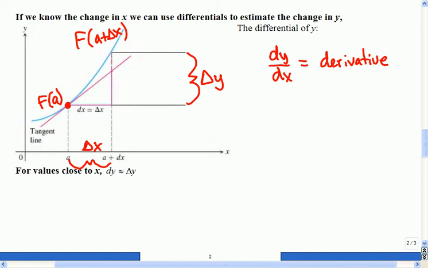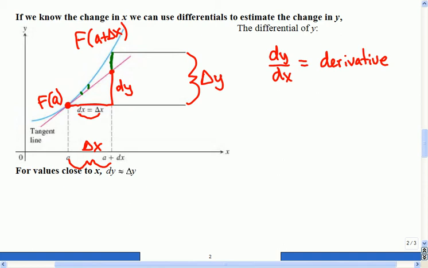So if this is where my tangent line is, here's the slope of the tangent line. You can see the tangent line, dx and delta x are identical, but this height here would be dy. So it approximates how much change actually happened. Here's how much we missed. Okay? And of course, as we shrink closer and closer, we get more accuracy as far as how much we're able to predict a change in the function.